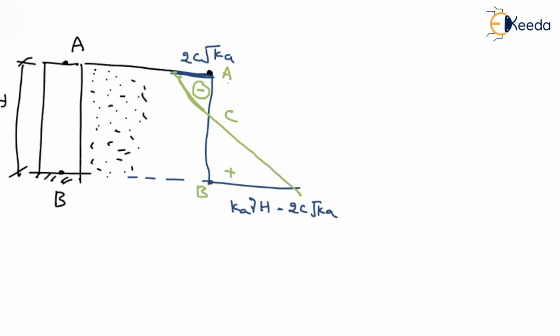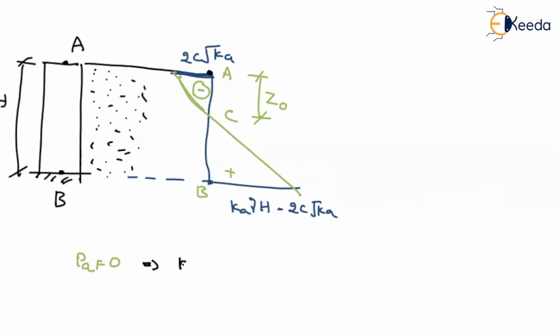Suppose I want to find the depth at which the stress is equal to 0. I will call it Z0. So I keep my PA, the active earth pressure, equal to 0.